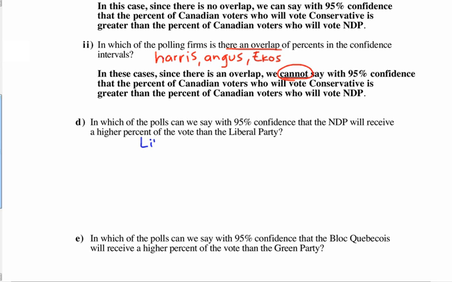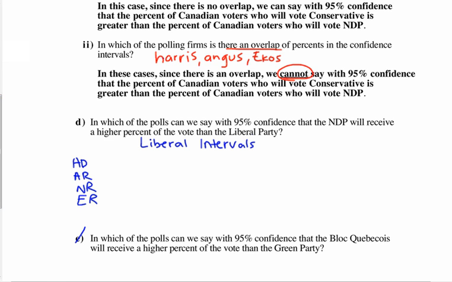So we have to make a chart, our Liberal intervals. Again, we have 4 different surveys: Harris Decima, Angus Reid, Nanos Research, and Ecos Research. So those are the 4.